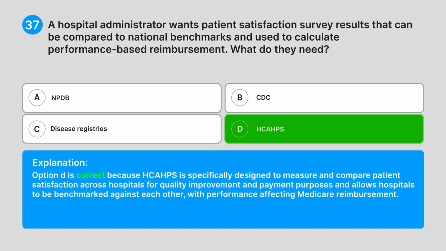Explanation: option D is correct because HCAHPS is specifically designed to measure and compare patient satisfaction across hospitals for quality improvement and payment purposes, and allows hospitals to be benchmarked against each other, with performance affecting Medicare reimbursement.